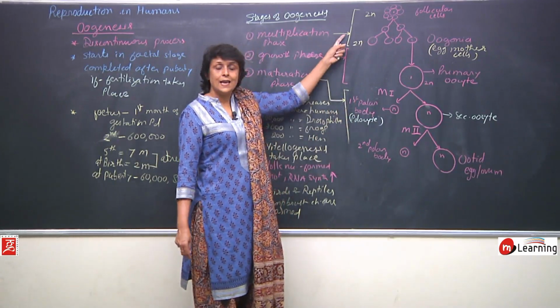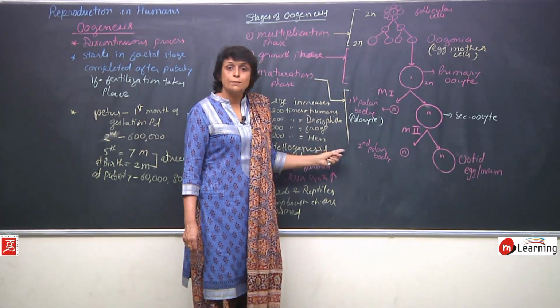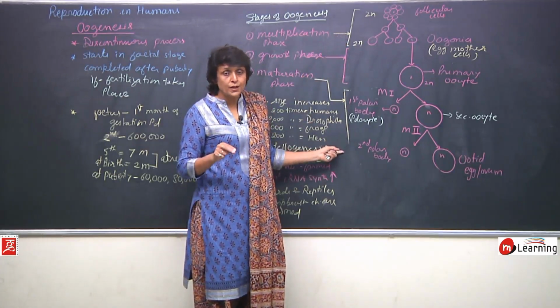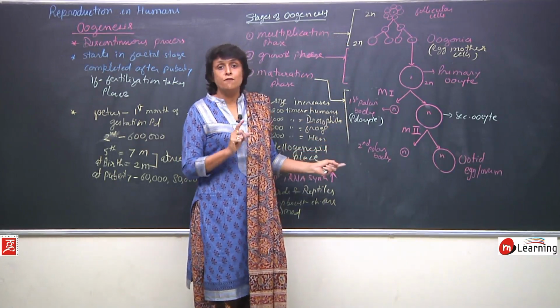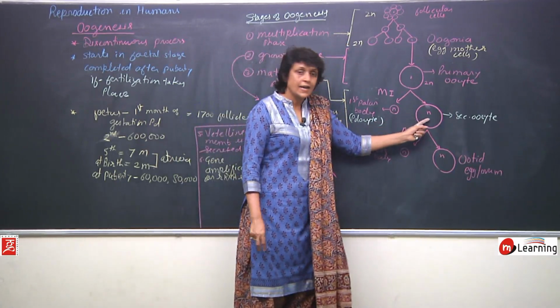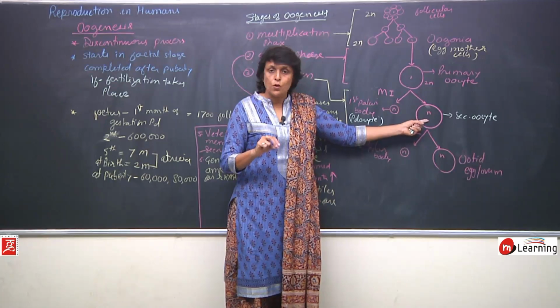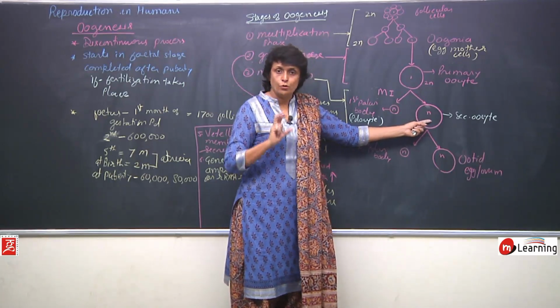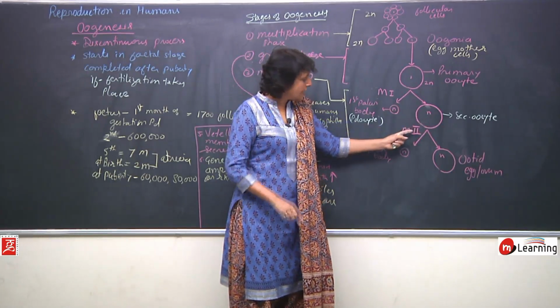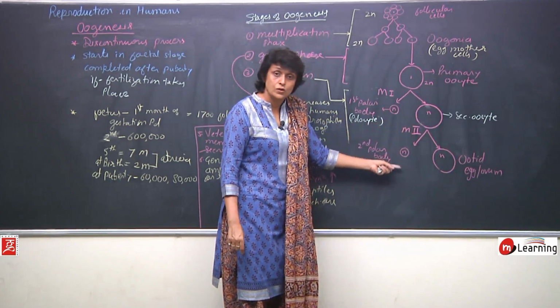Oogenesis starts in the fetal life and gets completed after puberty, and that too only if fertilization takes place. The secondary oocyte is released from the ovary and comes into the fallopian tube. If fertilization takes place, then meiosis 2.